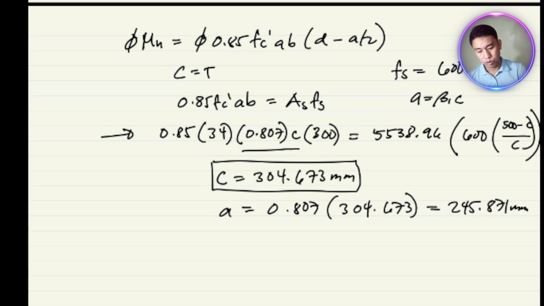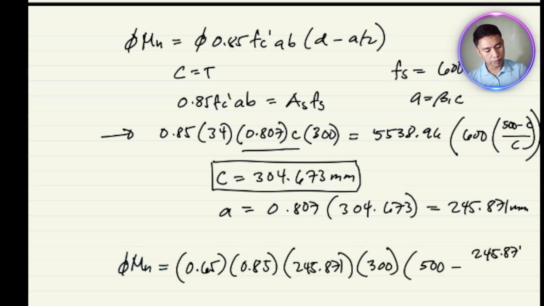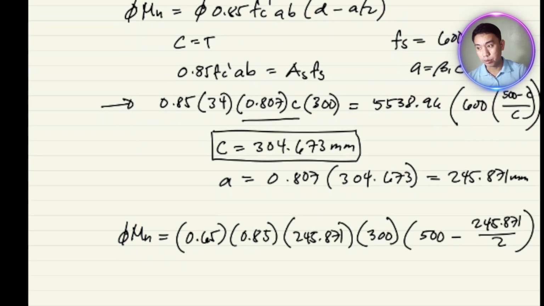We can solve directly the phi Mn, which is our phi is 0.65 times 0.85 times a of 245.871. b is 300 times d, 500 minus a over 2, 245.871 over 2.